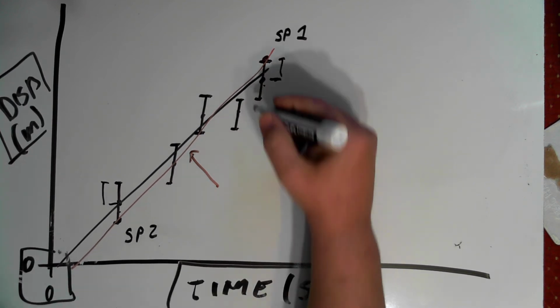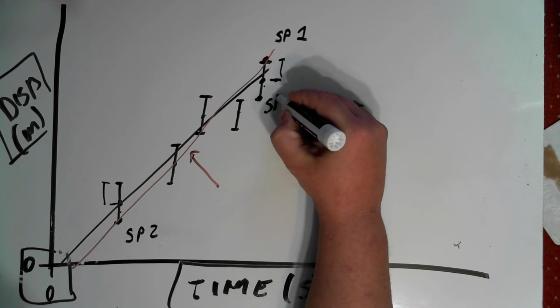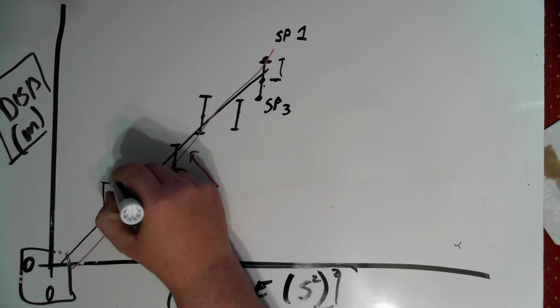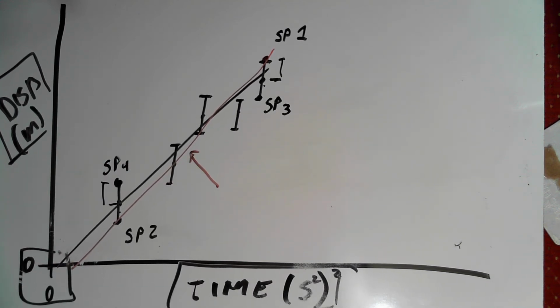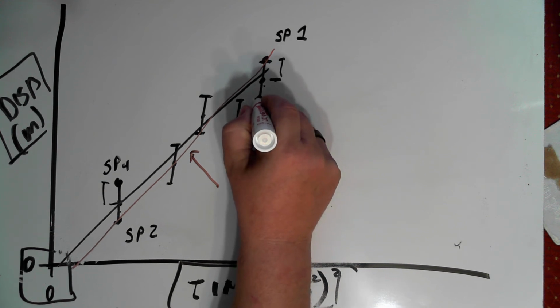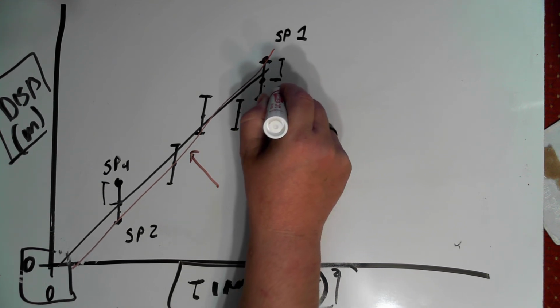And then I'm going to create another set of stupid points. I'm going to take stupid point 3 and stupid point 4, and connect those by creating yet another line. I'm going to use red, but you could use a different color. I actually recommend you use a different color.